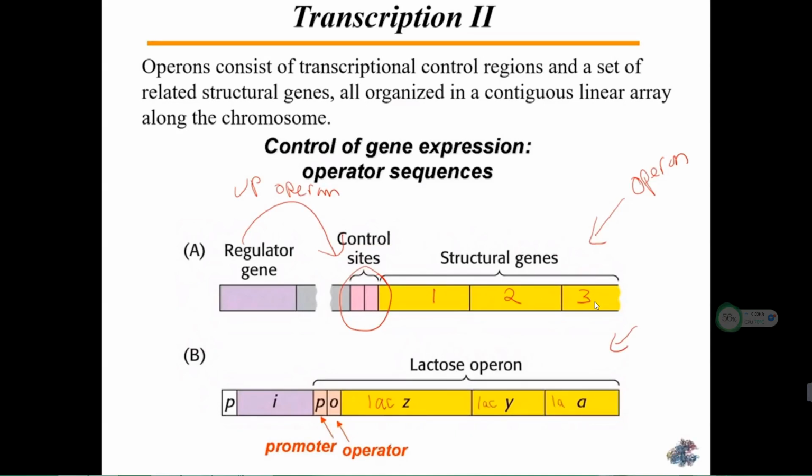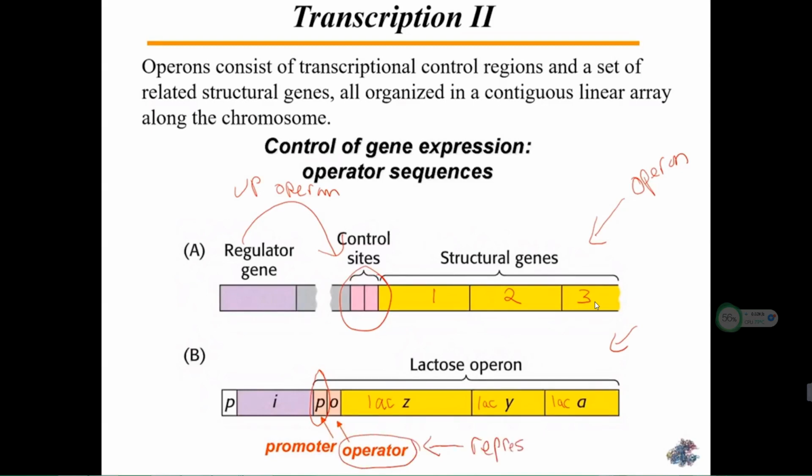And they're arranged in a continuous fashion under control of a particular promoter. So all of these genes will be transcribed continuously once the RNA polymerase recognizes that promoter region. There is another operator region, and this operator region is for binding of a repressor protein.